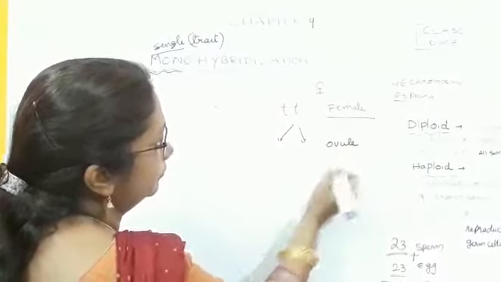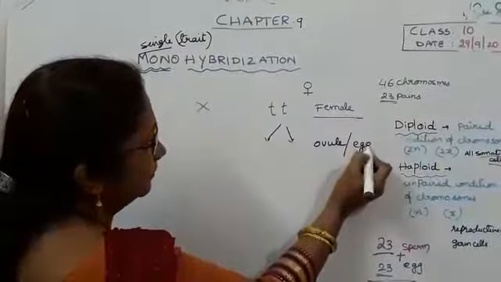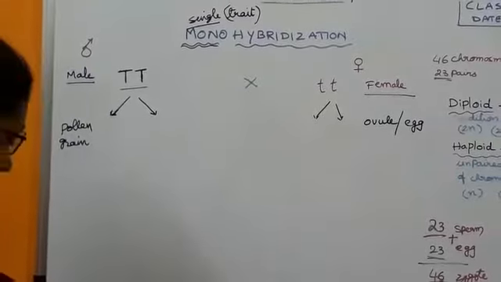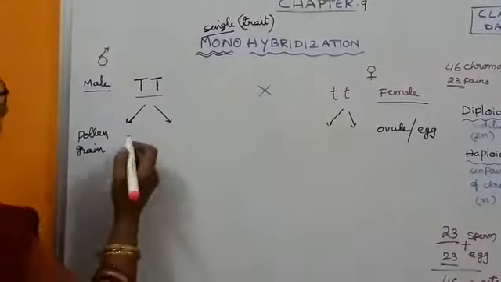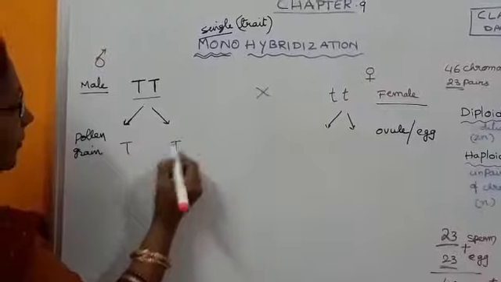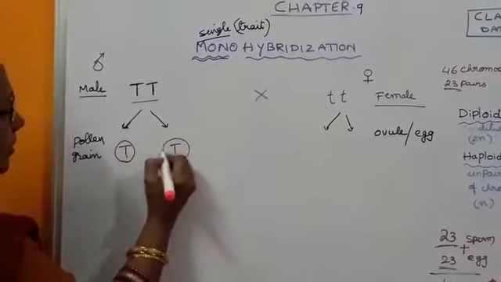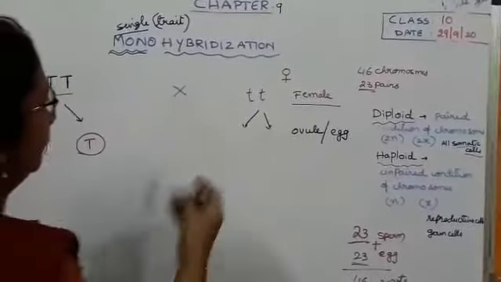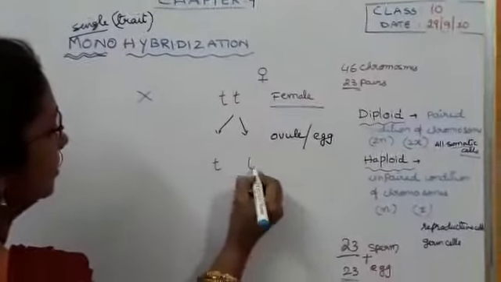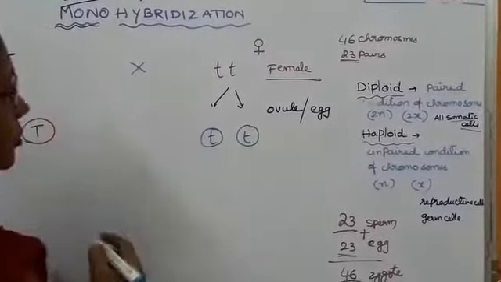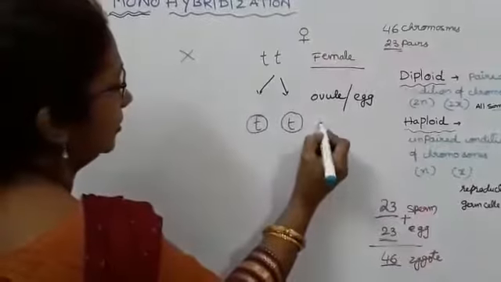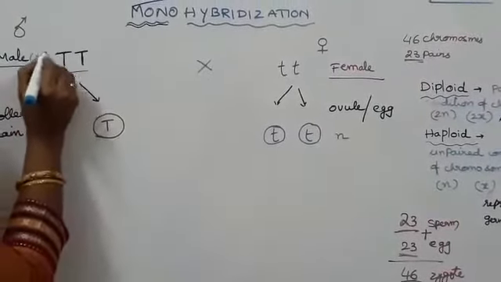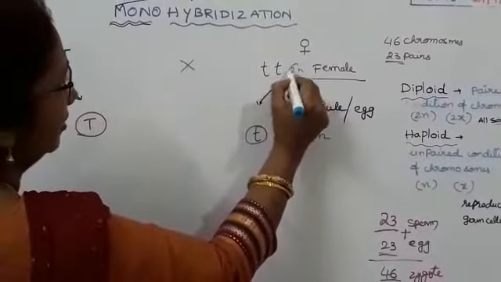Ovule, or you can call it egg. We will represent this as capital T and this one as small t. What is this condition? N condition. And this? N condition. And this is 2n condition. I think you are understanding what I am mentioning here.